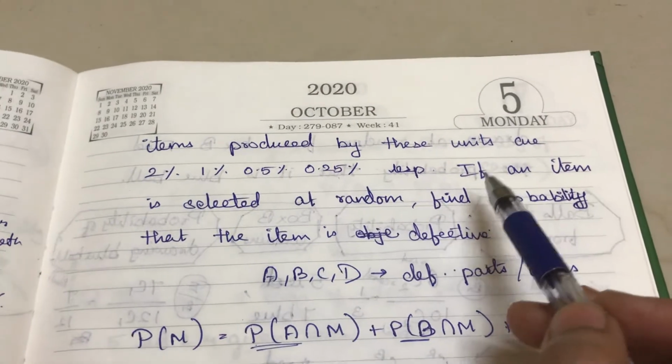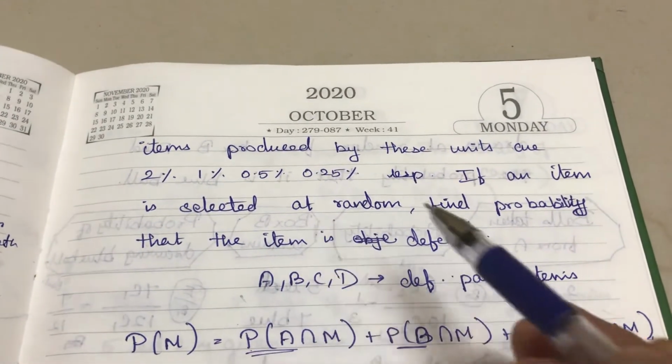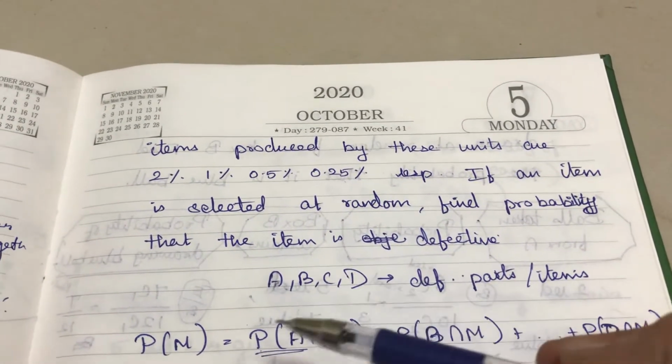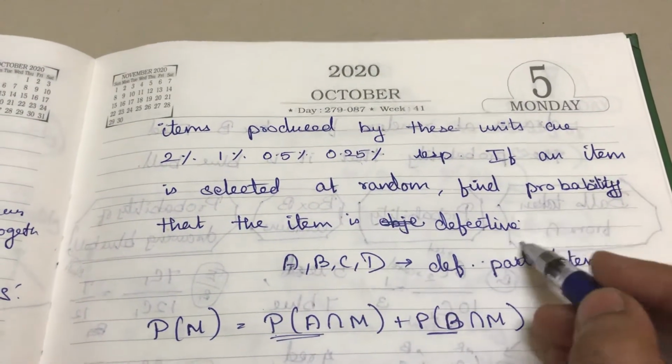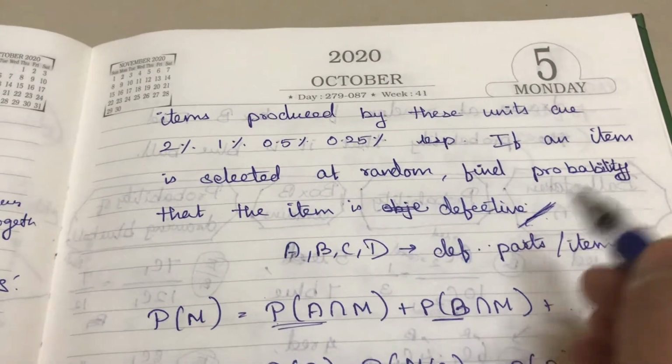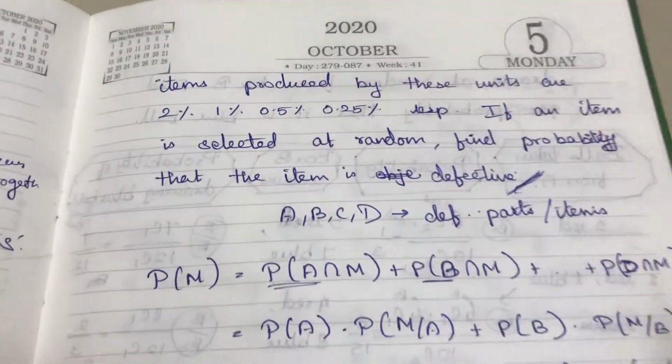If an item is selected at random, find the probability that the item is defective. What are the possibilities they are asking?